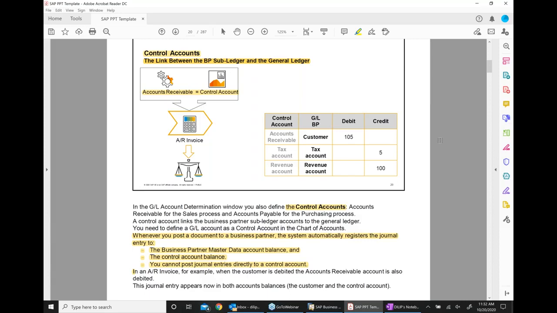Account receivable equals control account.